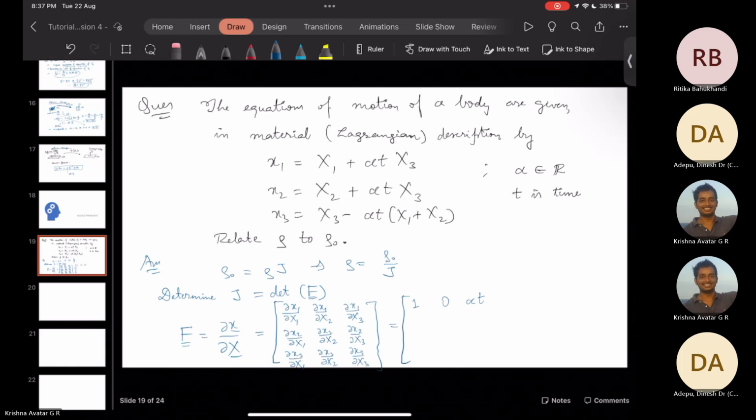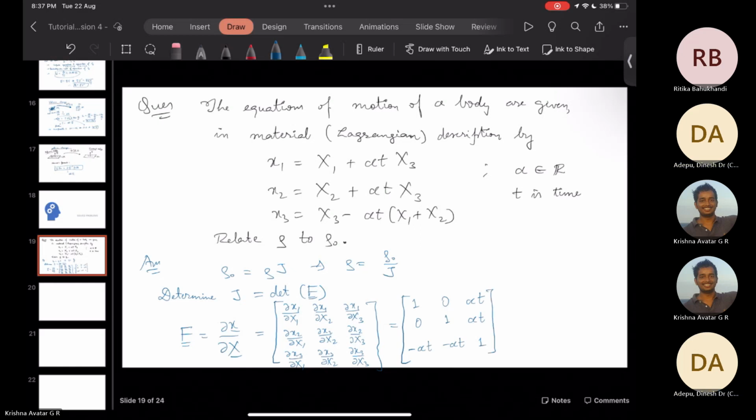And how about the second row? 0, 1, and alpha t. And the third row: minus alpha t, minus alpha t, and 1.